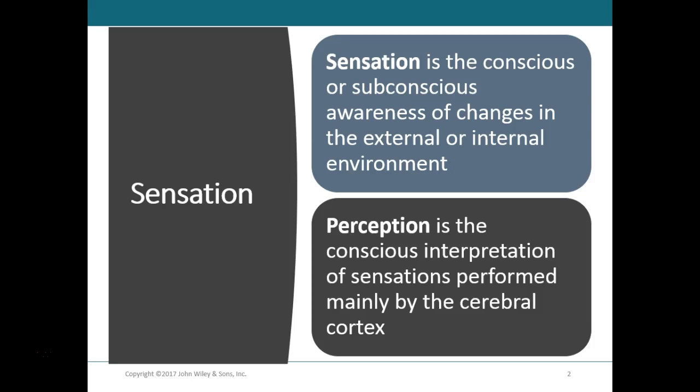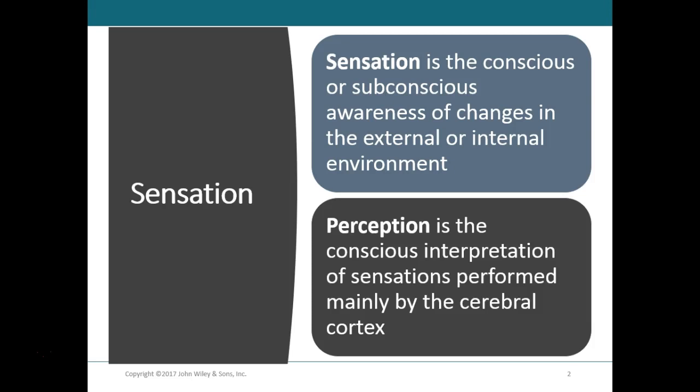When sensory impulses reach the cerebral cortex, then we become completely aware of that sensory stimulus, and we can locate and identify exactly where someone is touching us, or exactly where that painful stimulus is located on the body.